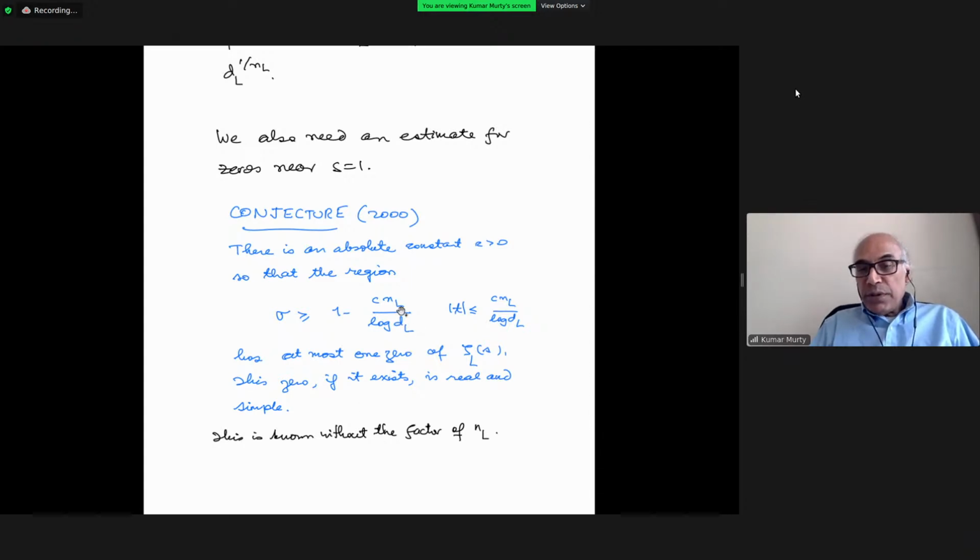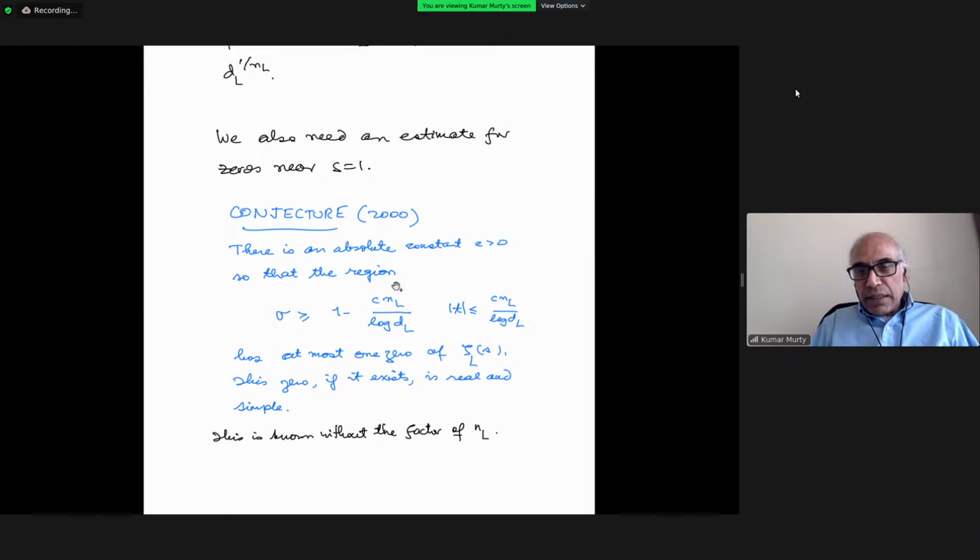Again, we know this if you don't ask for this degree factor. That's an easy consequence of the functional equation and the Hadamard product formula. So 1 minus constant over log discriminant, and absolute value of t less than or equal to constant over log discriminant, is known.